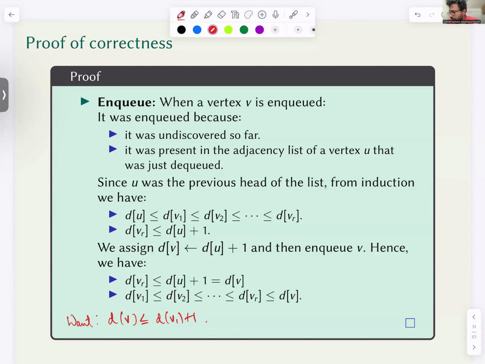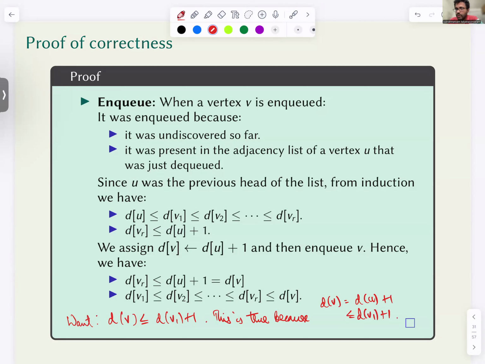Why is this true? This is true because dv is equal to du plus 1 and du is less than or equal to dv1 plus 1. Yeah, so this is why this is true.